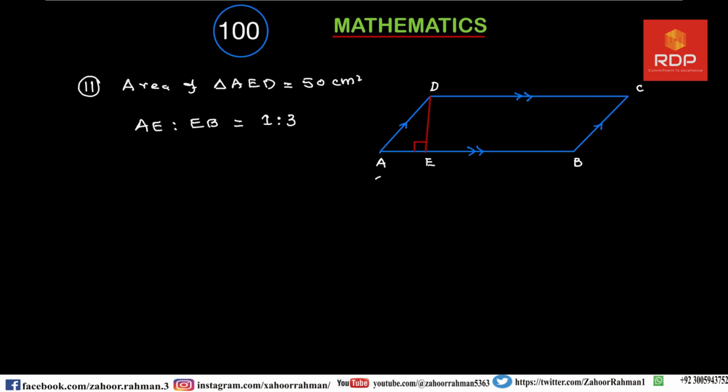So if this is 1 centimeter, for example, then EB will be 3 centimeters in length. This is given to us here in the form of a ratio.